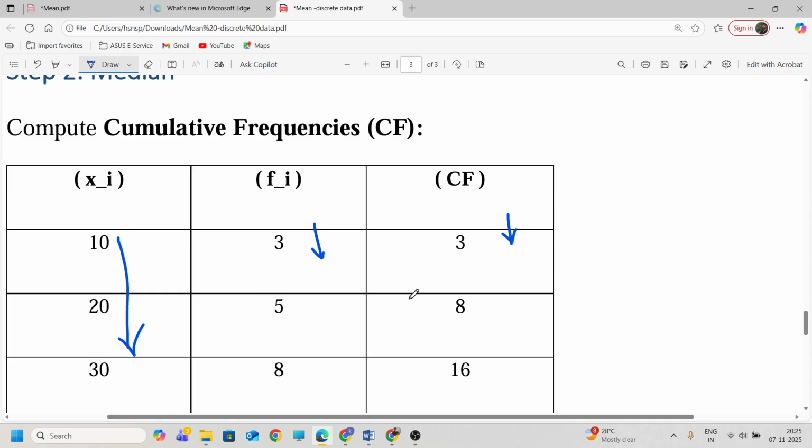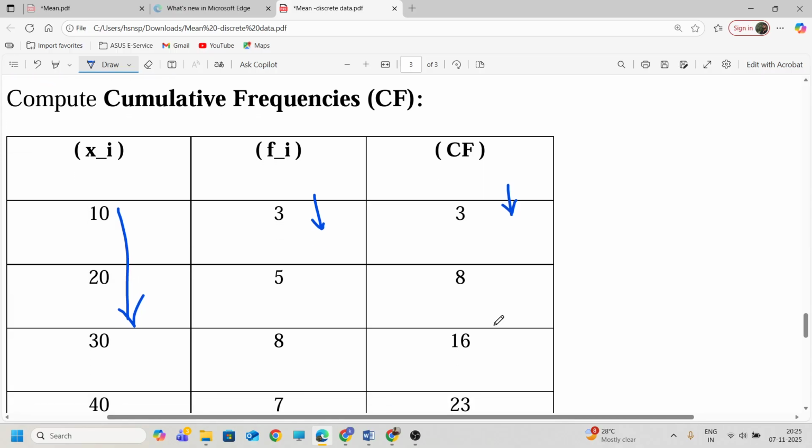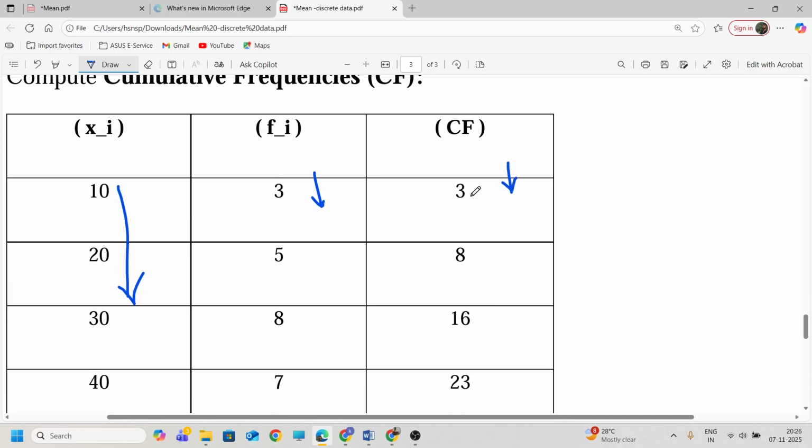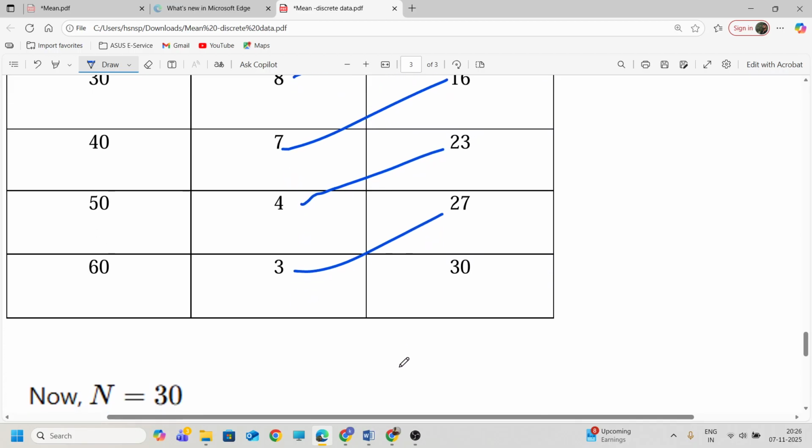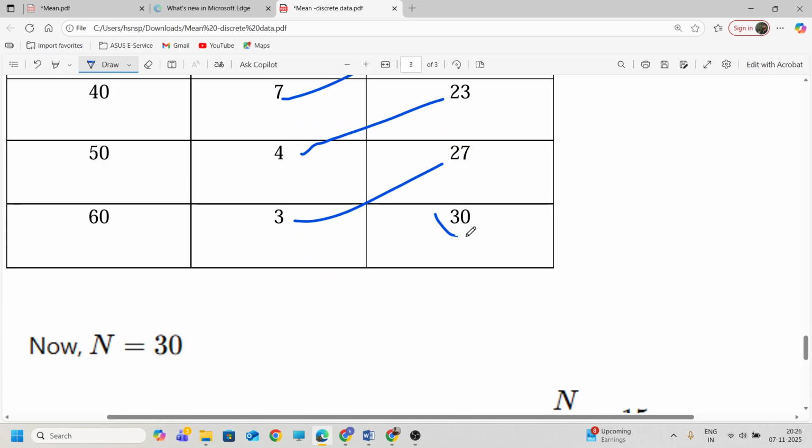The successive data are added cumulatively. 3 plus 5, 8. 8 plus 8, 16. 16 plus 7, 23. 23 plus 4, 27. 27 plus 3, 30. So likewise you have to add, that is cumulative frequency. The final number is the summation of f, that is the n value, the number of data.